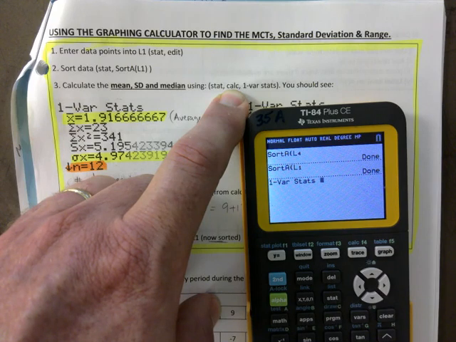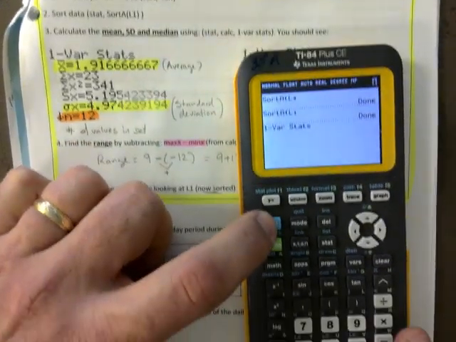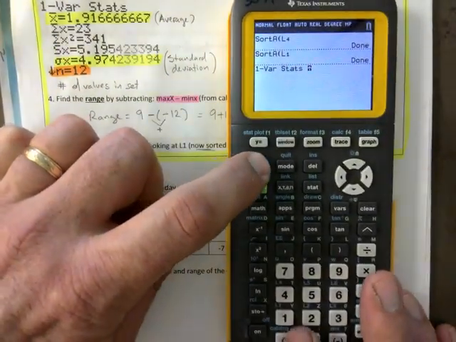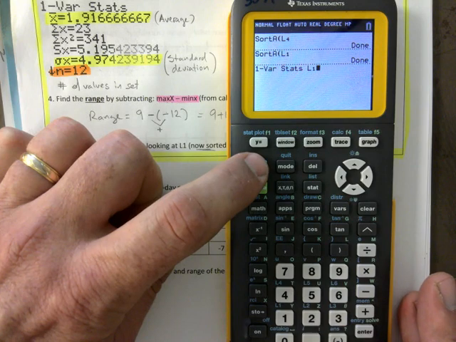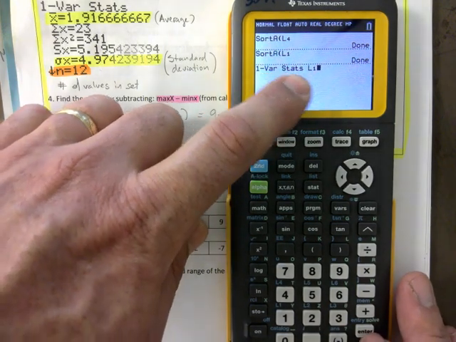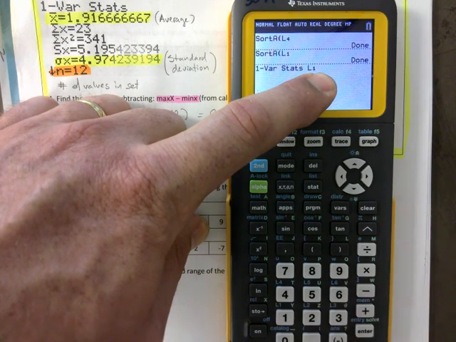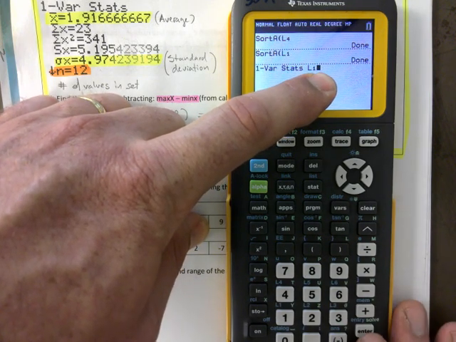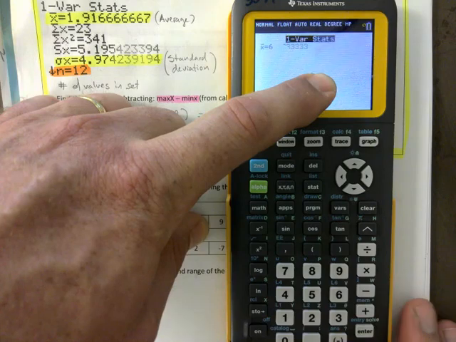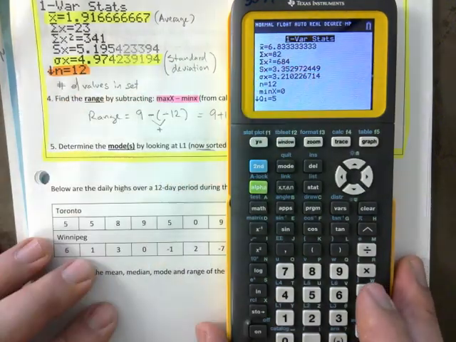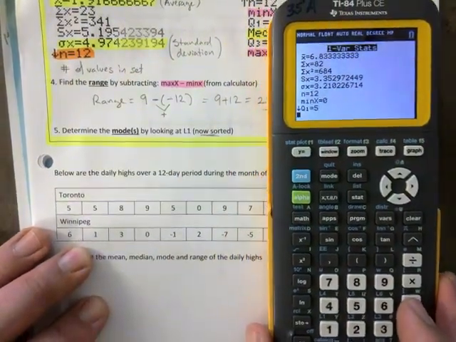Hit enter. And I'd like you to feed it the column you want it to calculate. So I'm going to go second 1. So you're telling 1-variable stats to perform calculations based on what's in L1, because I'm going to use different columns at times. Hit enter. And there's our average for Toronto.